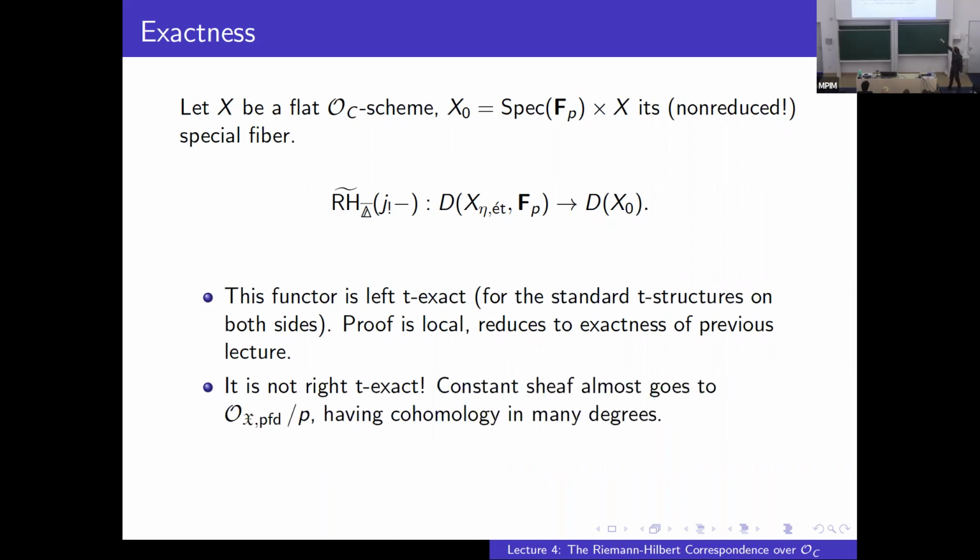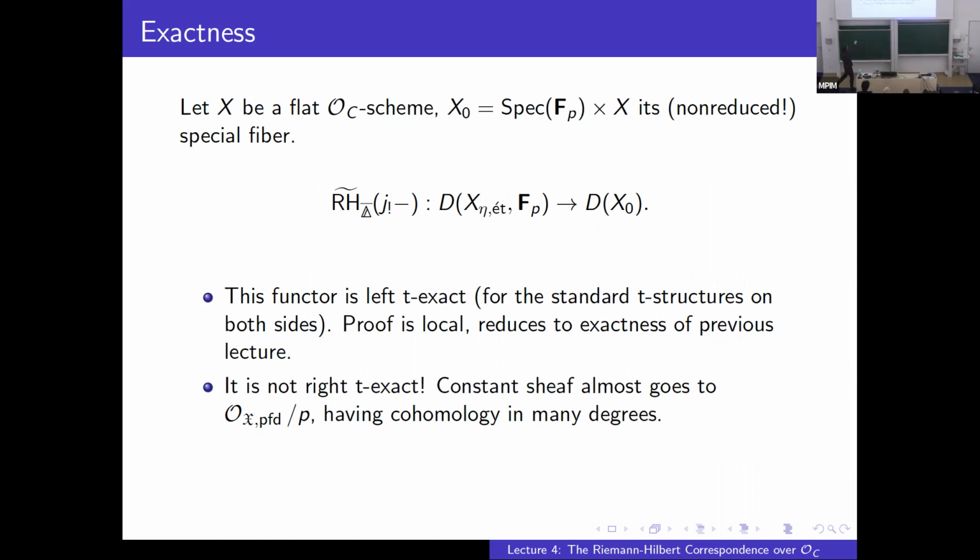So here we're applying this construction to F_p étale sheaves. So instead we'll get the perfectoidization reduced mod p. And that is typically something that has cohomology in many degrees. Its cohomology is interesting. We're going to talk about that next week. So this is very far from being a right exact functor if you give both sides the standard t-structure.